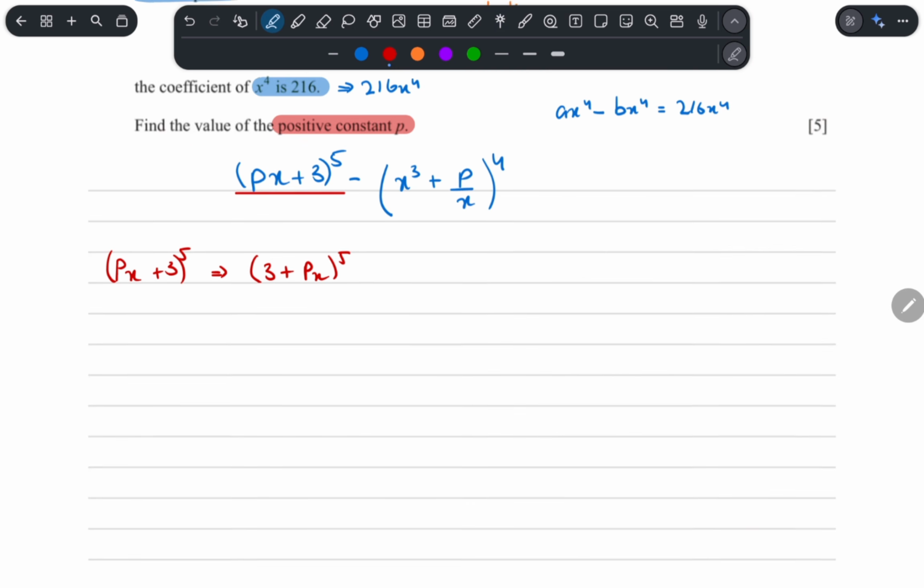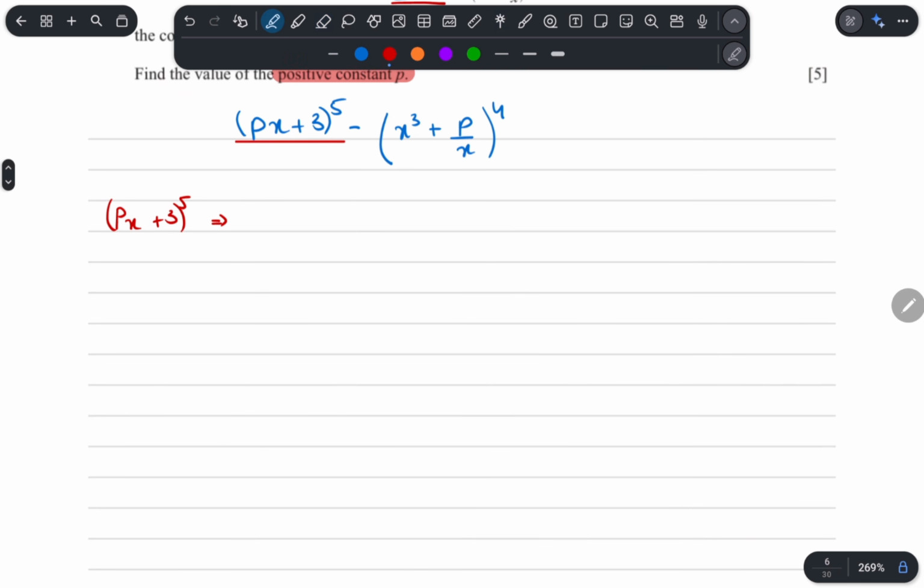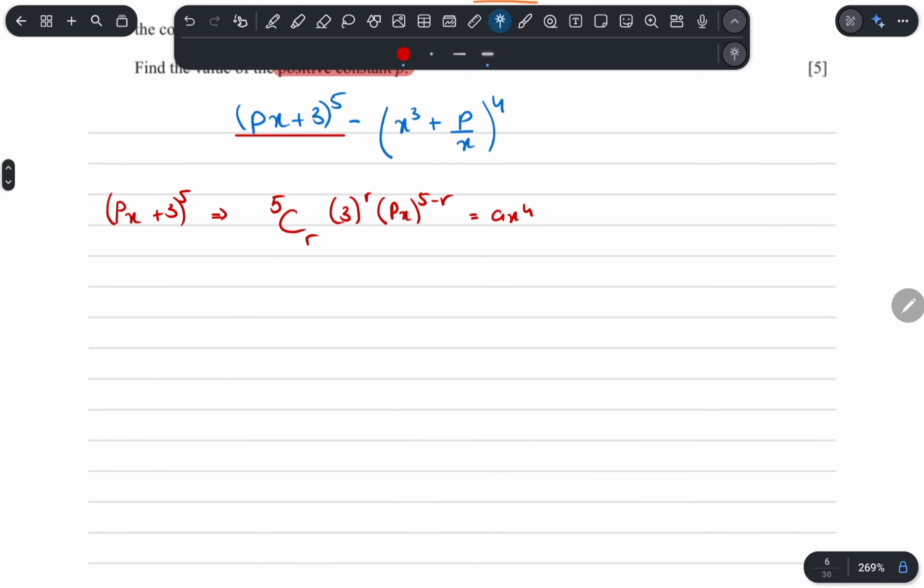So this will be 5Cr, because we are assuming we don't know the value of r. 5Cr, b^r, a^(5 − r), which will be equal to ax^4. We need to isolate the unknown x values.